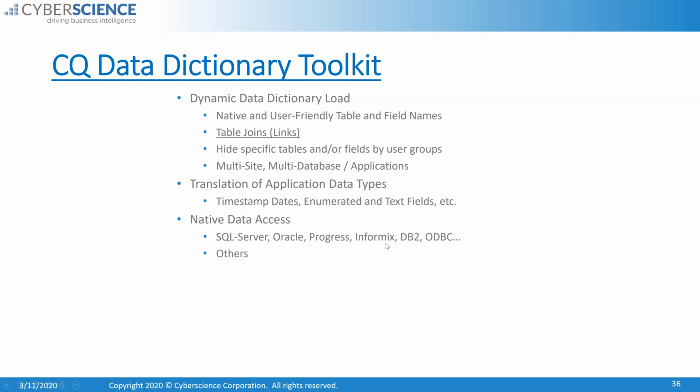Now, the reason the software is so fast is we're going straight to the database, whether it's SQL, Oracle, Progress, Informix, DB2, any ODBC data source like Excel or Access. We even support flat files and index file structures. But we're always speaking natively to the database. So we do not have to go through Baan or LN to get to the SQL data.